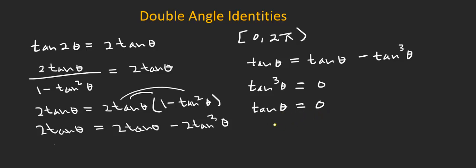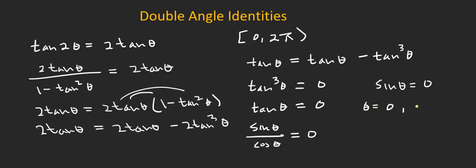Well, if you don't recall right away, you could write it as sine theta over cosine theta equals 0. And you know that a fraction is 0 only when the numerator is 0. So when sine theta equals 0, well, that's when theta is 0, when theta is pi.